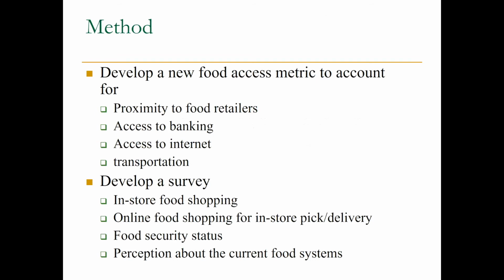Building on the previous research, for this particular project we want to develop a new food access metric. Previously, a lot of food access metrics only focused on income or proximity to food retailers. But I also want to look at access to banking, internet, and transportation.